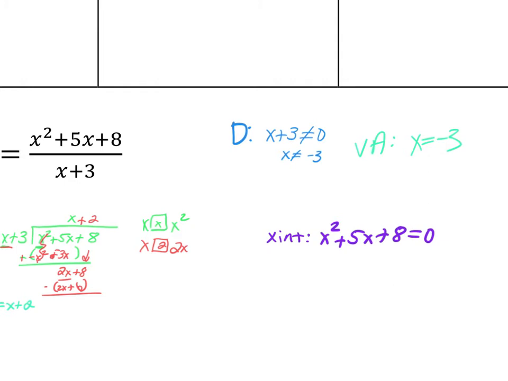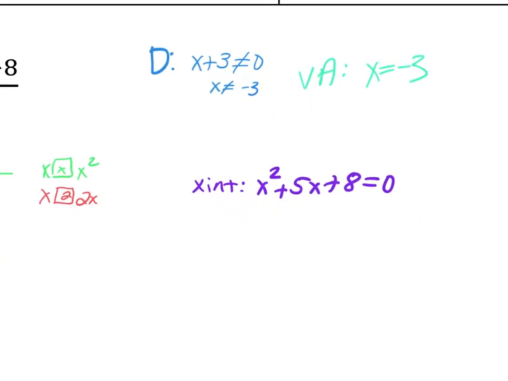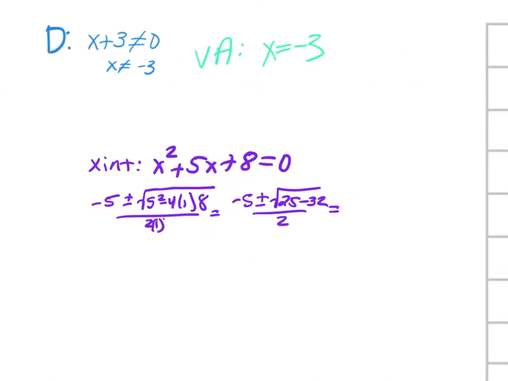But I wanted to bring this to your attention just to show you. Can I factor this? Are there factors of 8 that multiply to give me 8 but add to give me 5? No. So real quick, we're going to do our quadratic formula. Negative 5 plus or minus the square root of 5 squared minus 4 times 1 times 8, all over 2 times 1. Negative 5 plus or minus the square root of 25 minus 32, over 2. I'm going quickly because I just want you guys to see something.